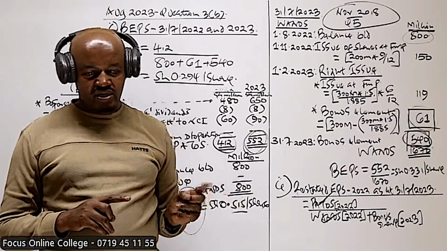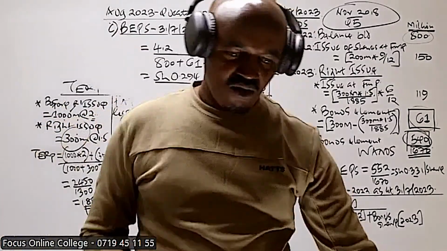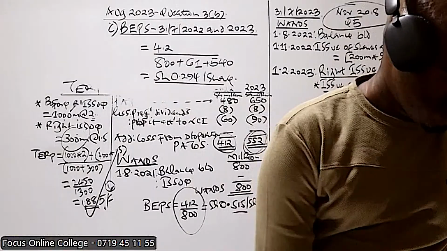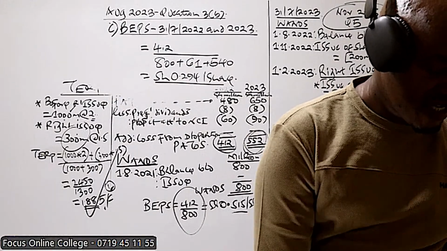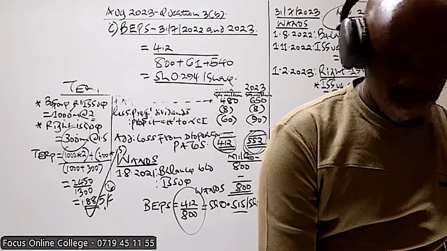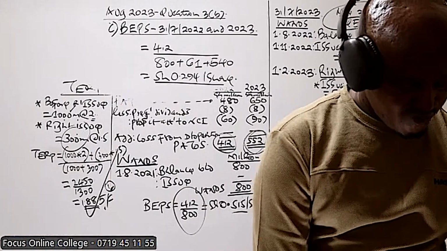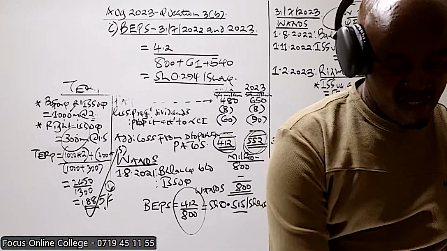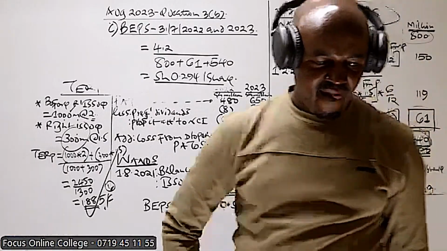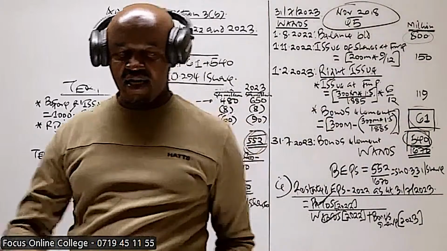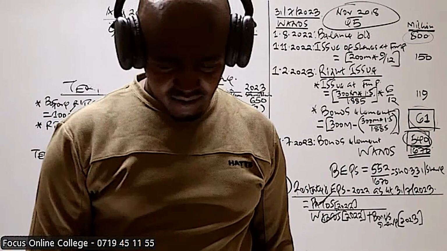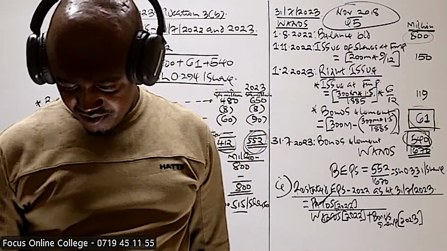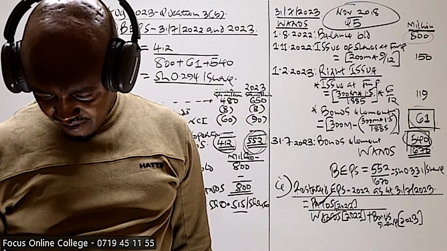But once we meet in our next class, we will look at what diluted earnings per share is. We look at the steps involved in the computation of the same, and then we finalize by doing a question having both the basic and also diluted earnings per share. So I want us to stop at that point.